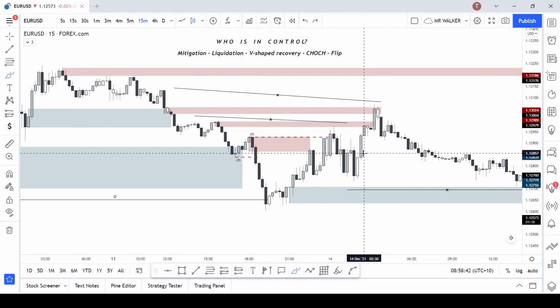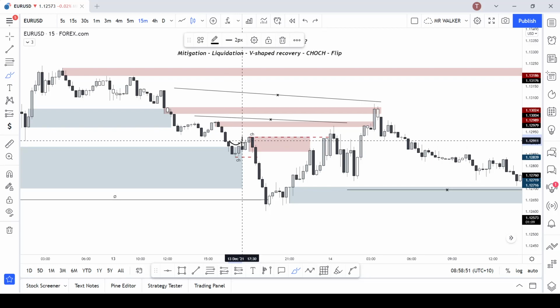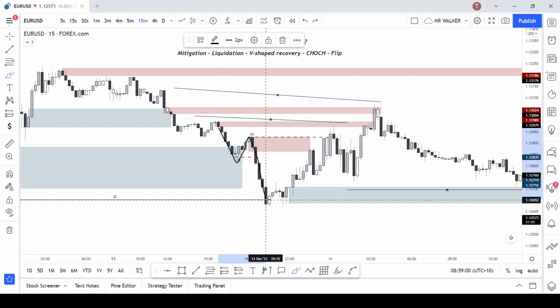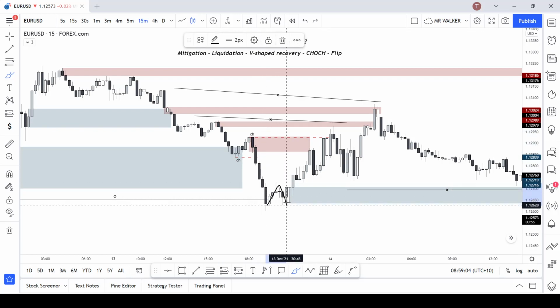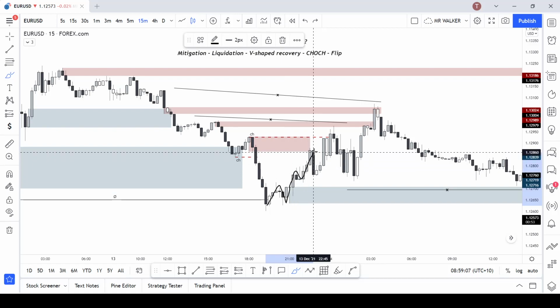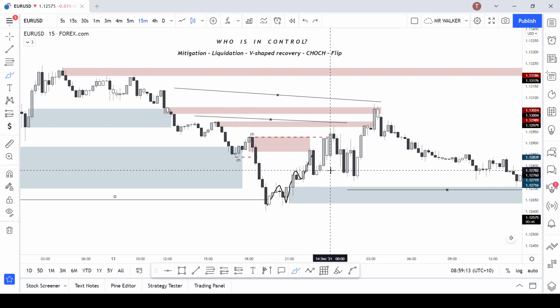Okay, so the reason why is what I have just told you. Do we sweep any liquidity in this area? Not really. We go down, we then retrace, and then once again we fall. Did we sweep any liquidity? No. Was there some structural liquidity in this area? Not really, right?